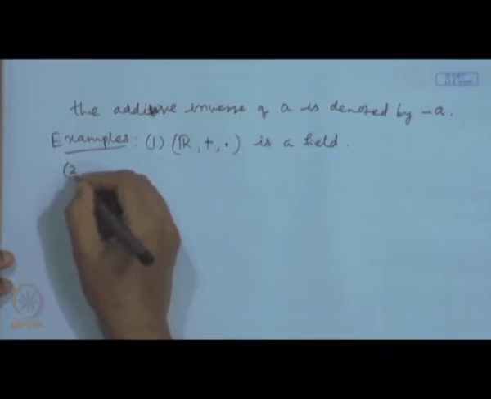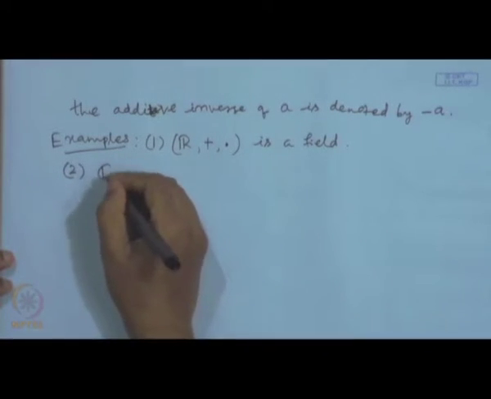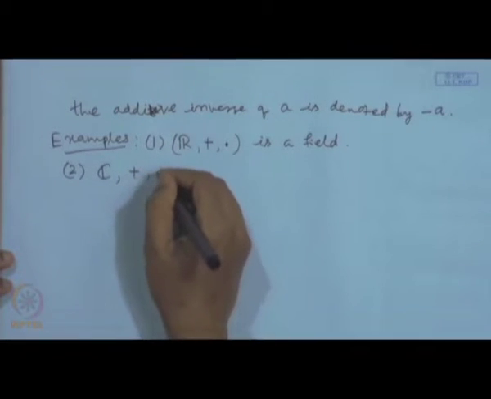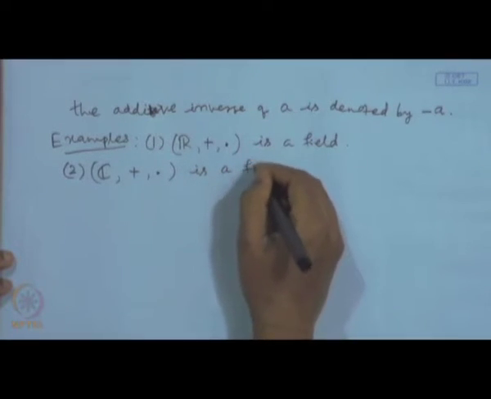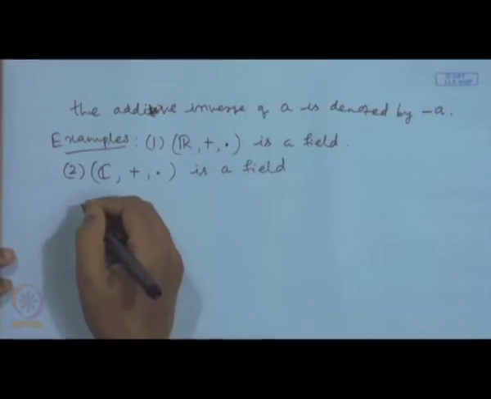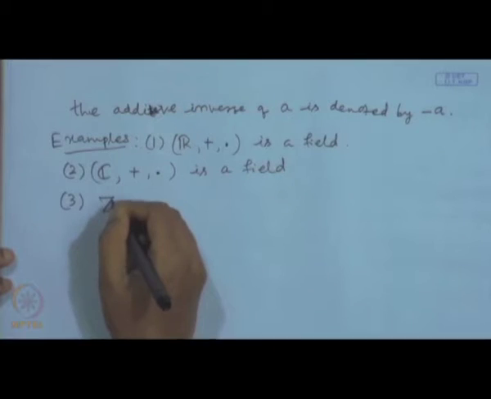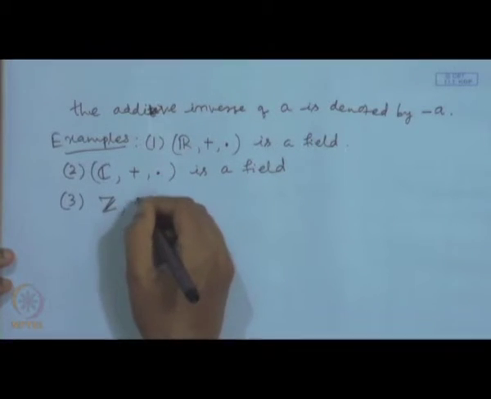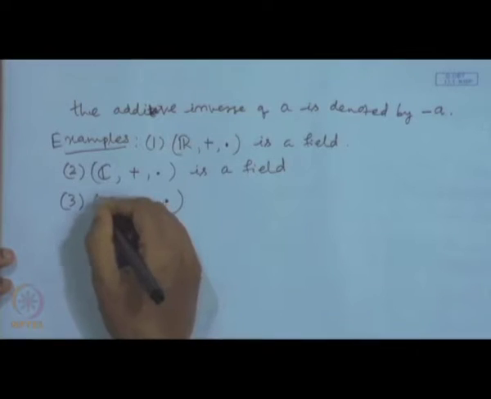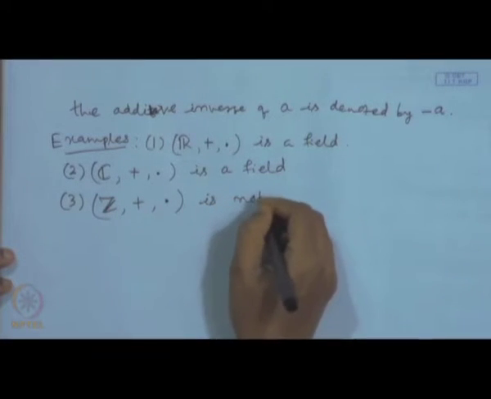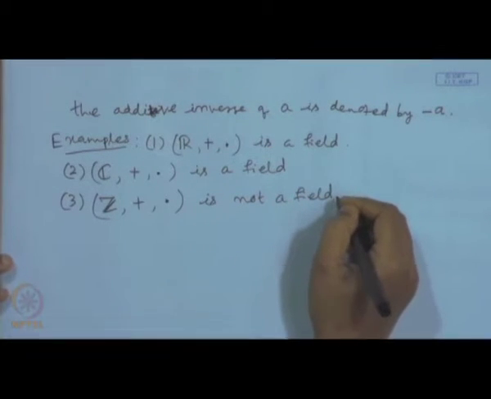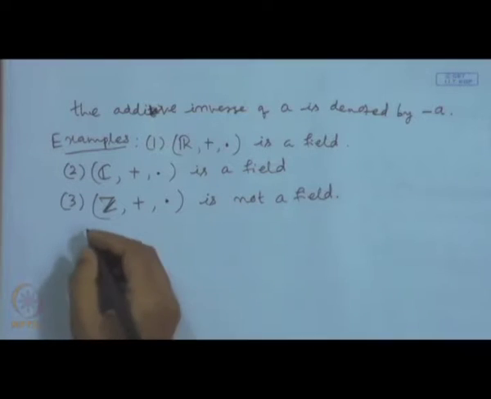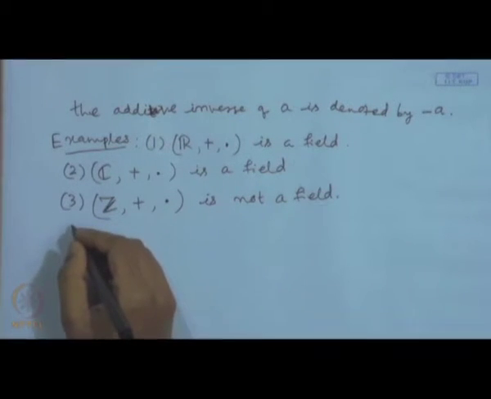The second one is the set of all complex numbers with respect to addition and multiplication. This is also a field. Another example: the set of all integers with respect to addition and multiplication. This is not a field, because we will not get multiplicative inverse of elements in Z.